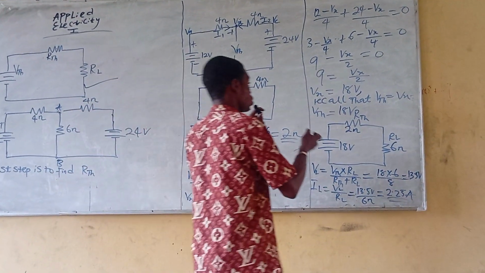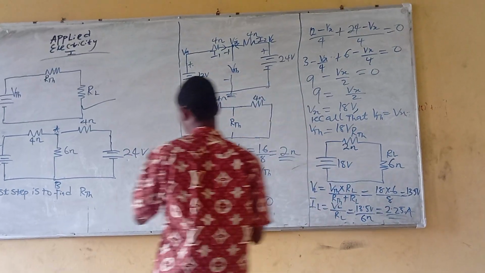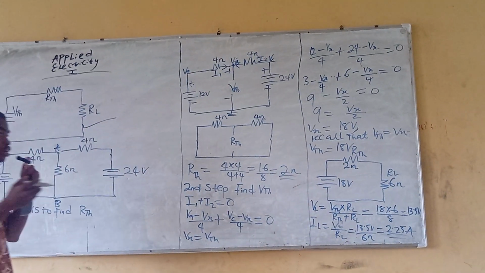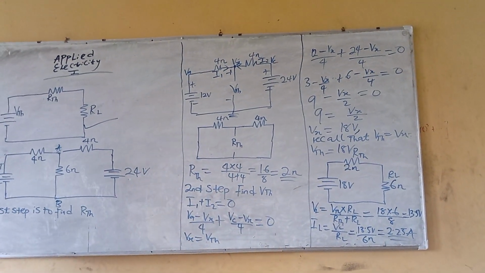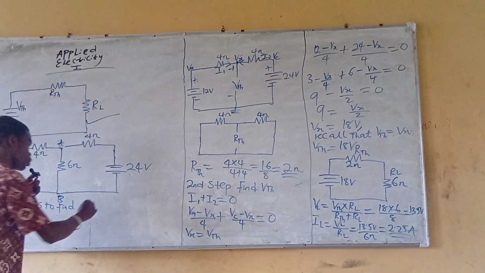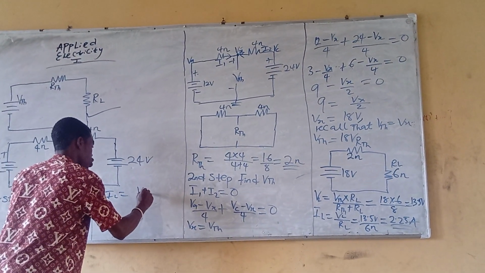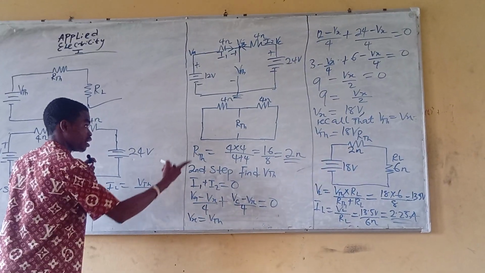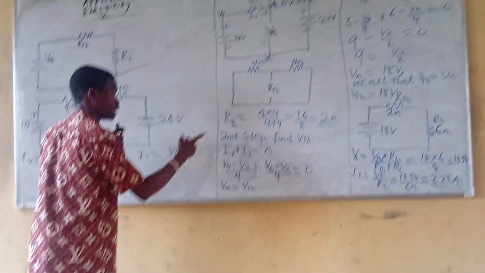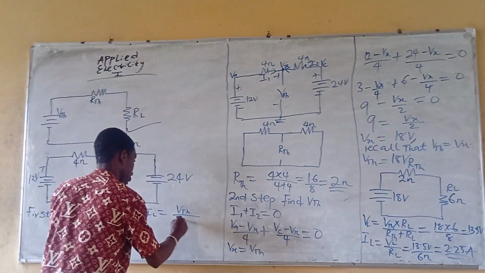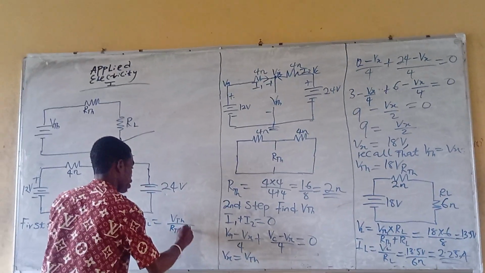Or you can choose a shortcut. Let's check the shortcut. If you want to find the load current without wasting time, your load current is going to be the Thevenin's voltage divided by RTH plus RL.